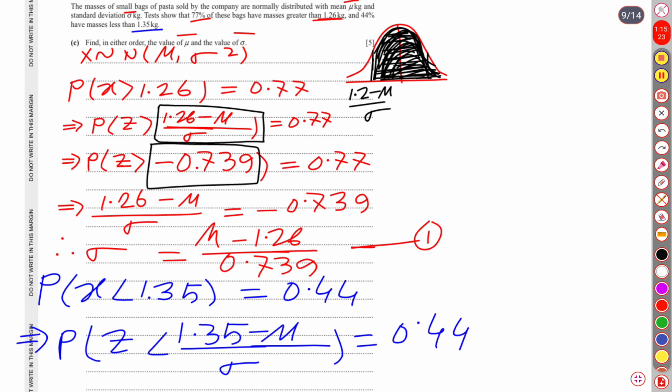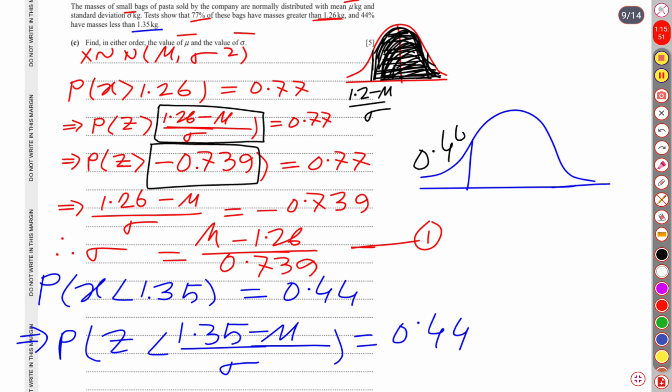Then we will find out the symbol of the z score. Look at this graph. Our probability is lying on the left side and it is 0.44.